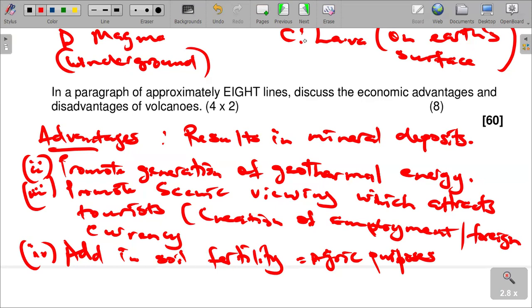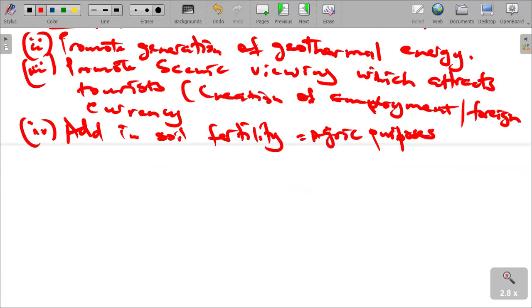We can also have natural fertilizers that are rich in various minerals.